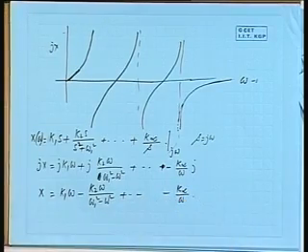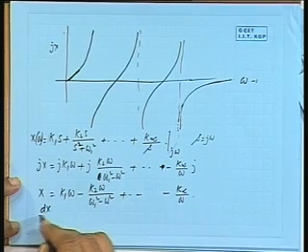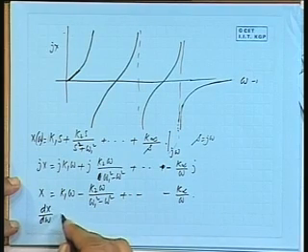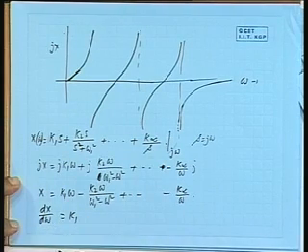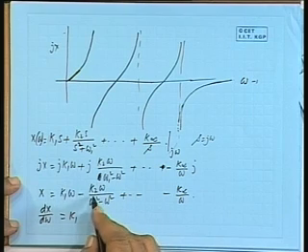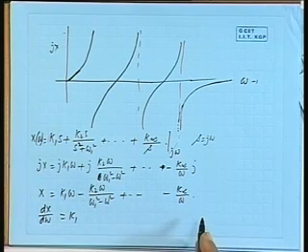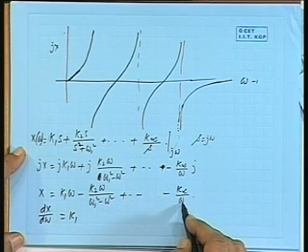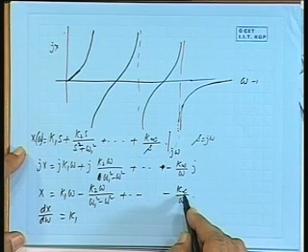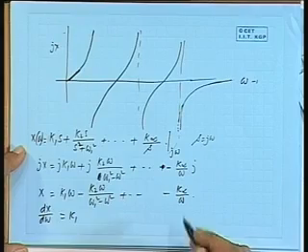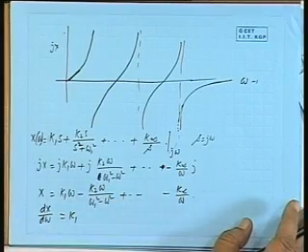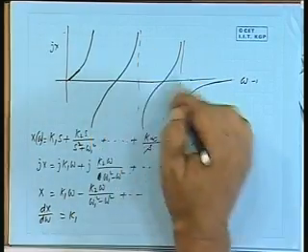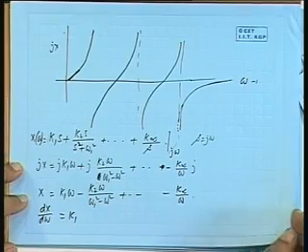If I take the derivative with respect to omega, dX by d omega, this one will be k1. If you take the derivative of these terms, it will be all positive, you can see for yourself, and minus k infinity by omega will also be positive, plus k infinity by omega squared. So, all of them will give you positive terms, and hence the slope is always positive with respect to omega.